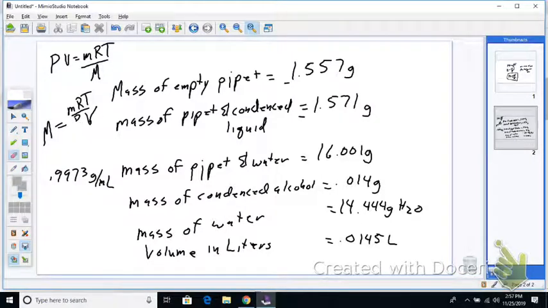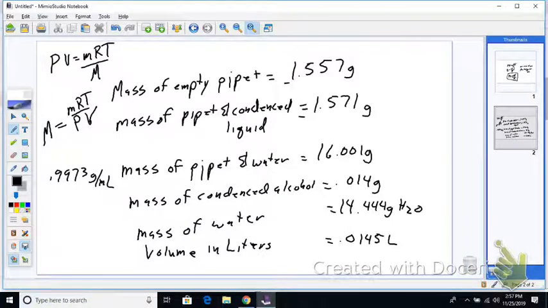Okay? So now, do you have the mass of your gas that's condensed now into a liquid? 0.014. The R value has to be in millimeters of mercury because that's what the pressure is on the front side. It says it's 738 millimeters of mercury. Yep, that's 62.4.